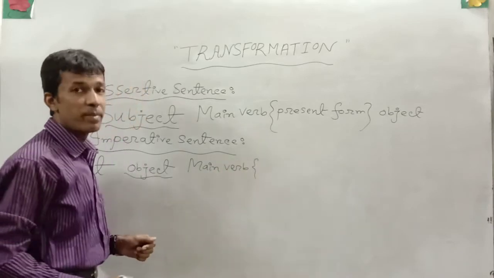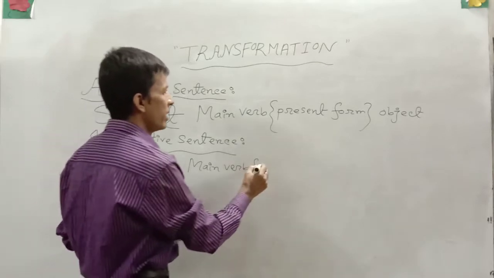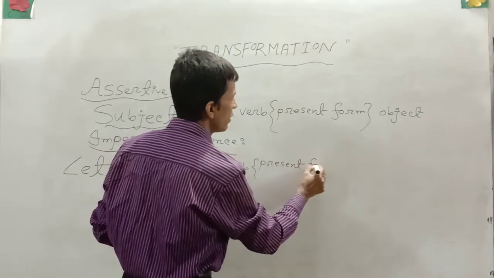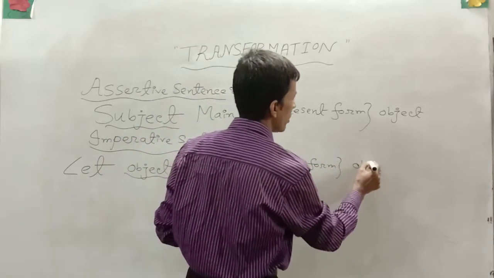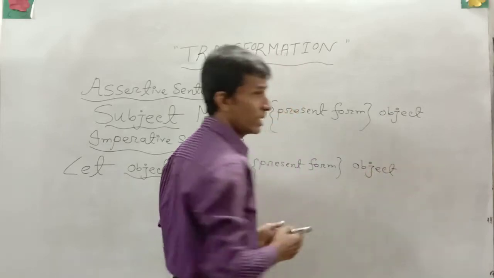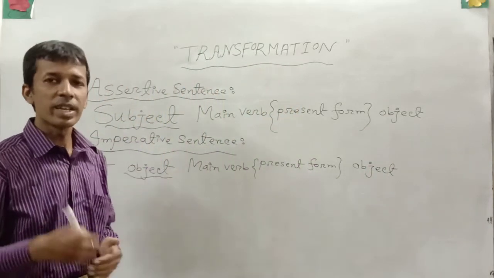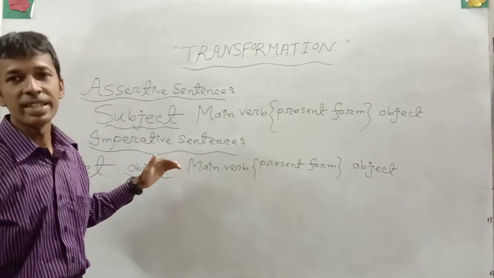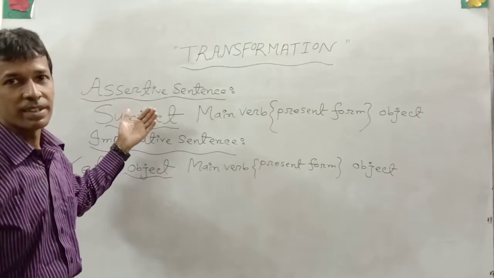That means the main verb will remain unchanged from assertive to imperative sentence. Main verb in the present form and at last object. So you will have to memorize this structure so that you can very easily transfer the assertive sentence into an imperative sentence, and in the reverse way, an imperative sentence will also be transferred into an assertive sentence.